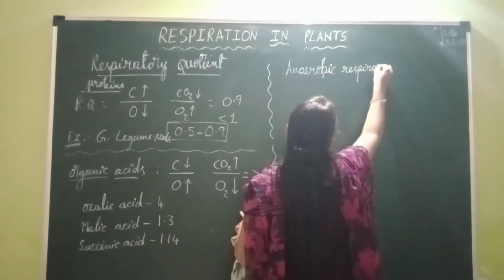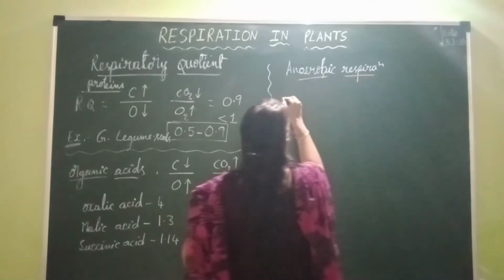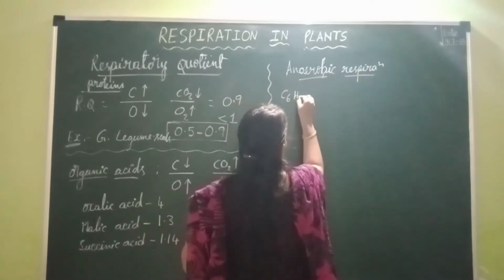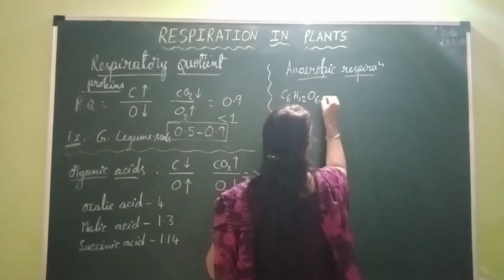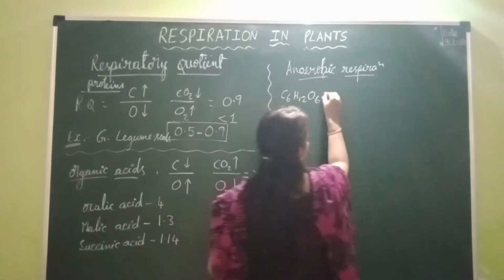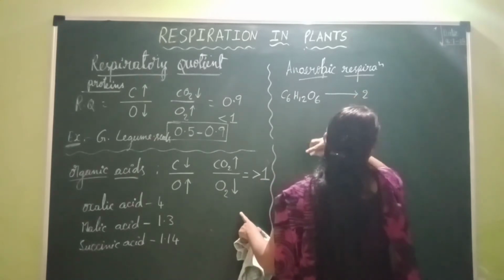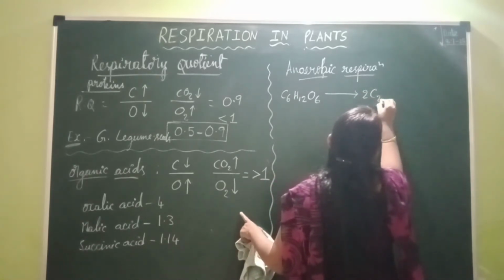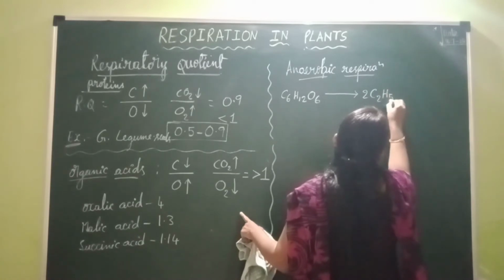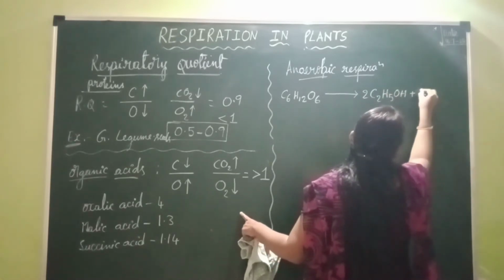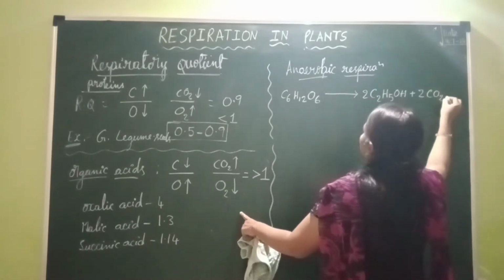So glucose undergoes breakdown in the absence of oxygen. That means there is no utilization of oxygen, and in case of alcoholic fermentation, it results in the formation of 2 molecules of ethyl alcohol plus 2 molecules of carbon dioxide.